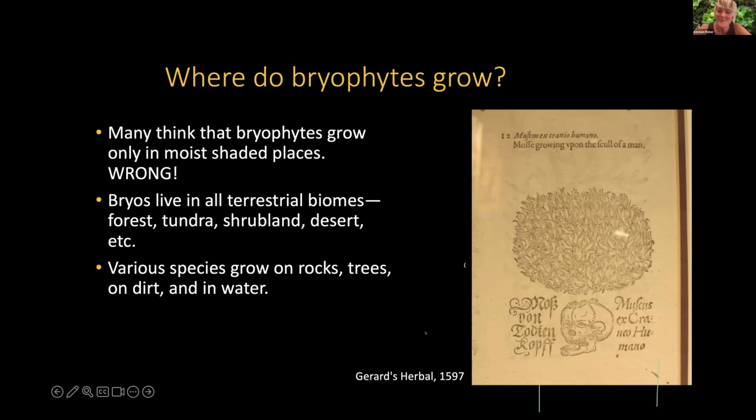And then there's one that apparently, according to Gerard's Herbal from 1597, was growing on a skull. So there are also records of moss growing on bones, human bones as well. So all kinds of places. Pretty much anywhere that they are finding the right pH, moisture levels and temperature regime, they can hang out.